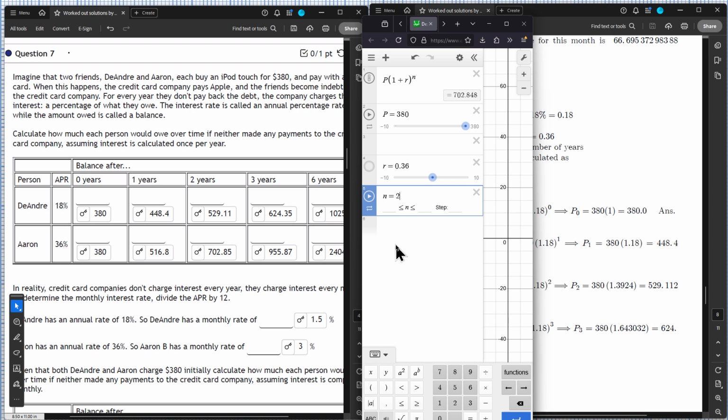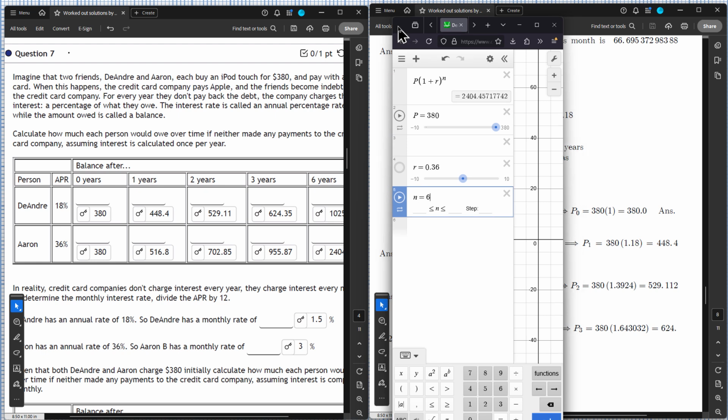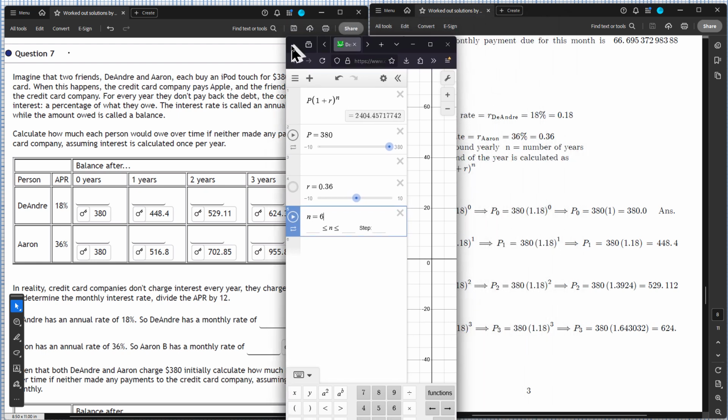Then I let n equal 3, and here I have 955. And then for 6, I have $2,404. And that's how you fill in that table there.